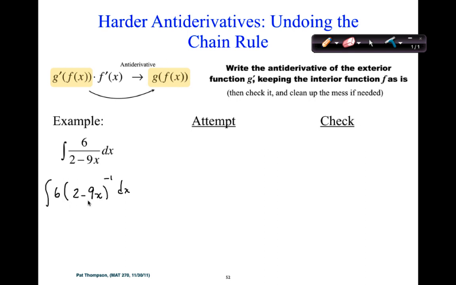Okay, yeah, it's this one. So to check that, is the derivative of the inside essentially the same as that, right? And all we care about is power. Power is what matters. Does the derivative have the right power to match with that? Yeah, because the derivative is negative 9, and that's just a constant. Well, 6 is just a constant, so that's the right power to match up.